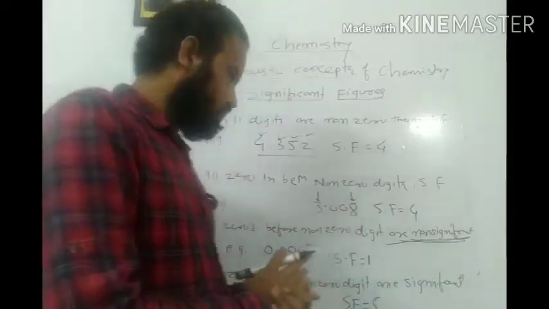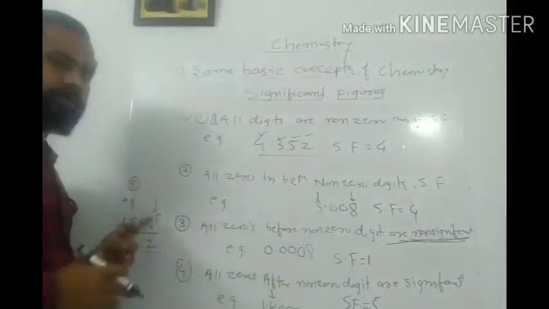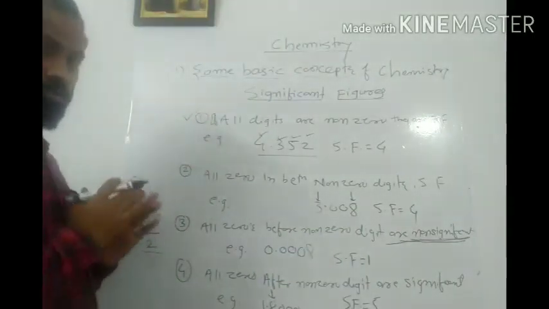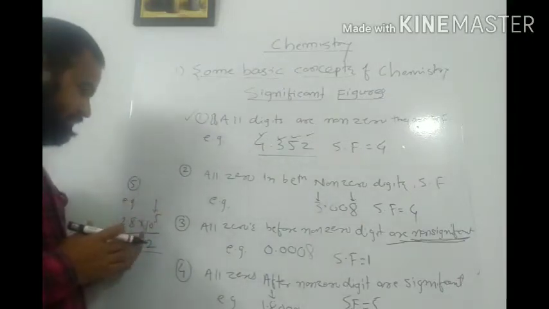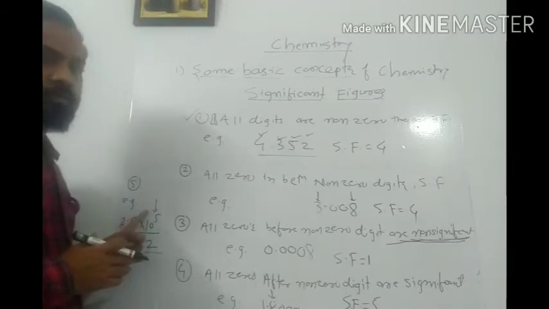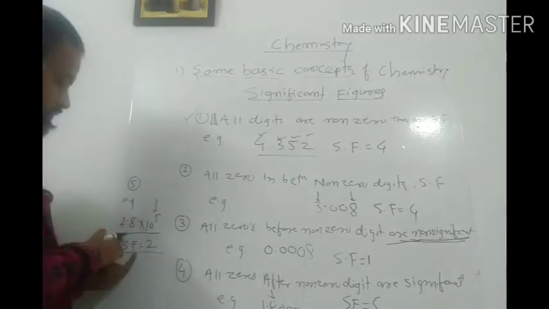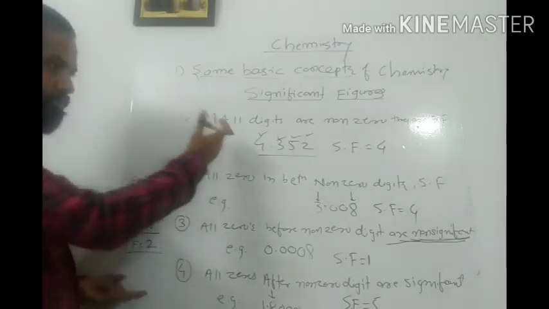And the fifth rule, because of limited space I can't write it down, you just have to remember. According to this rule, if a power term is available, we neglect the power term and write down the significant figures of the remaining term only, according to the previous rules.